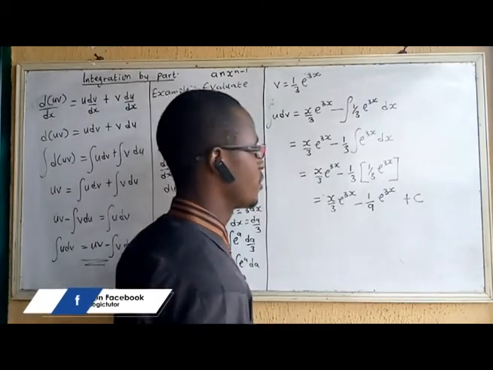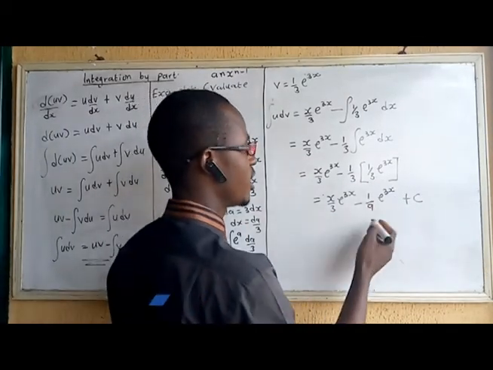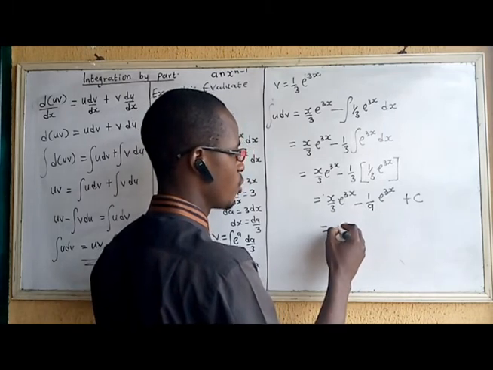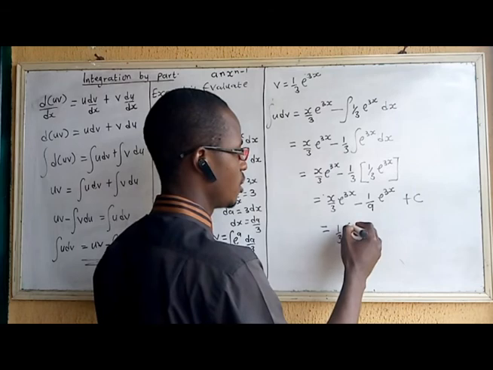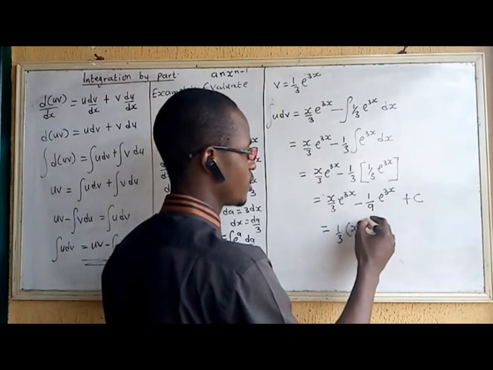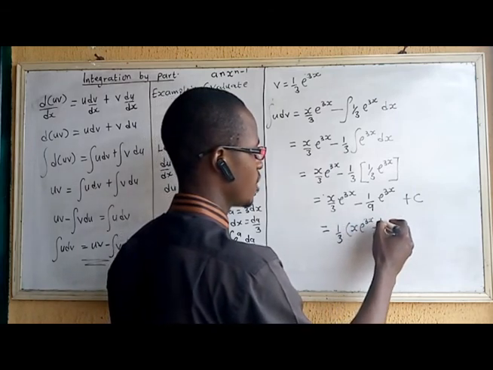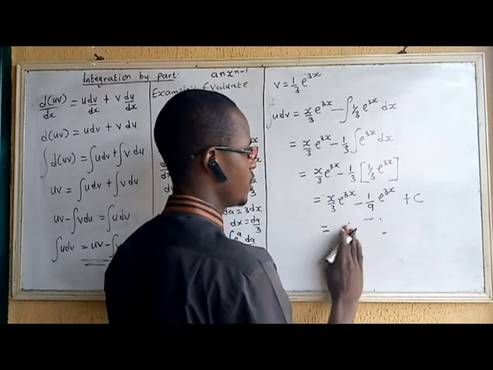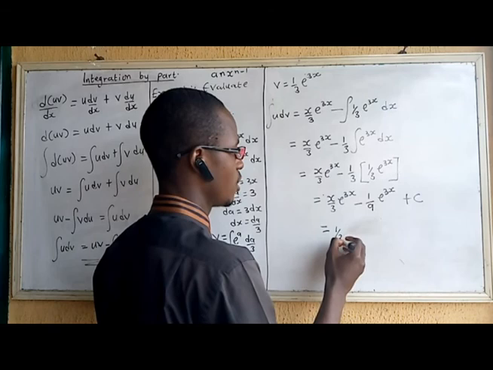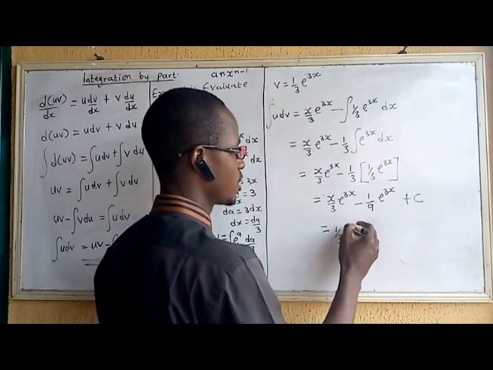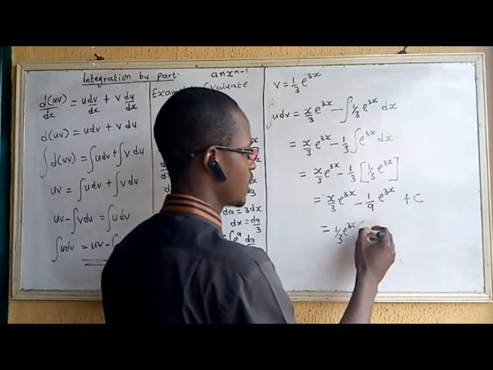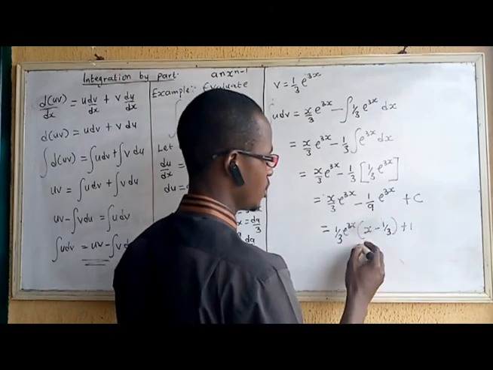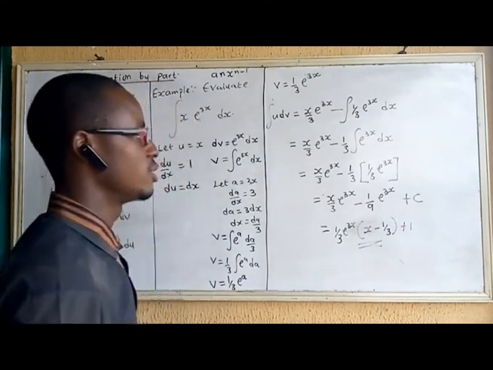Or probably you can factorize to get a smaller expression. So we have 1 over 3 e raised to power 3x, in brackets x minus 1 over 3, plus c. So this technique is called integration by parts.